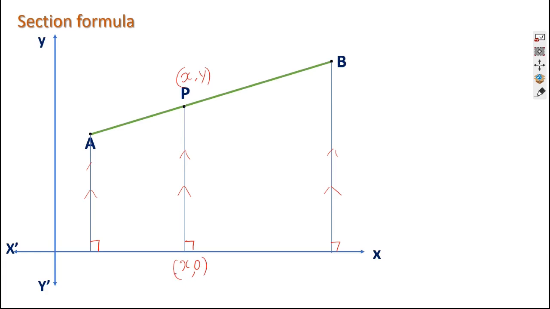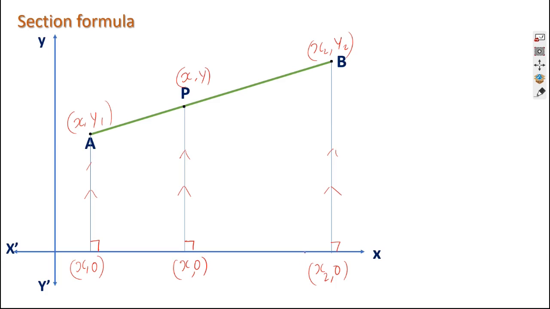Let us mark x1, y1 like before, and x2, y2 as the coordinates of these points. This will be x1 and 0 because it is here, and x2 and 0. These are the coordinates of these points.